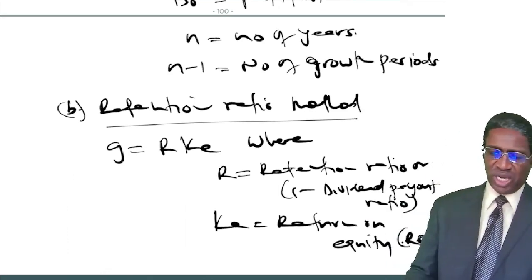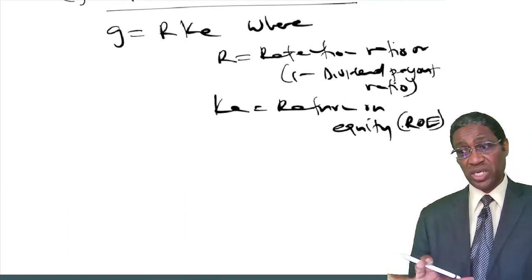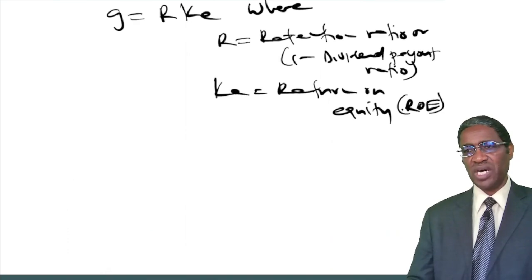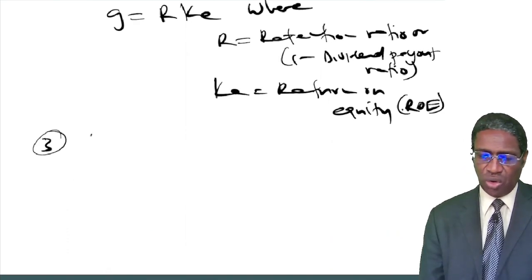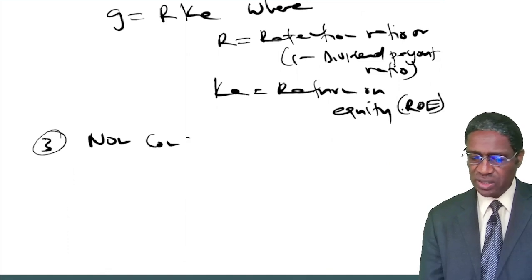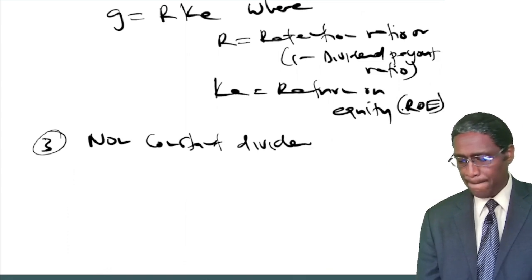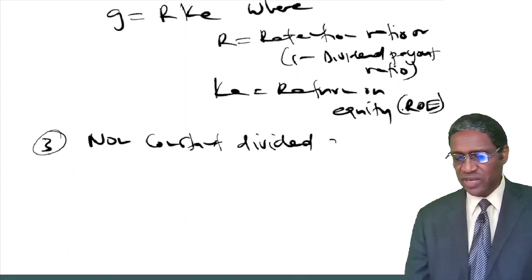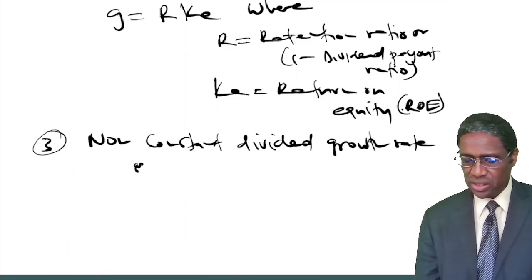Good. Now we can go to the third method of getting the value of the shares. You call it non-constant dividend growth rate, ordinary shares.